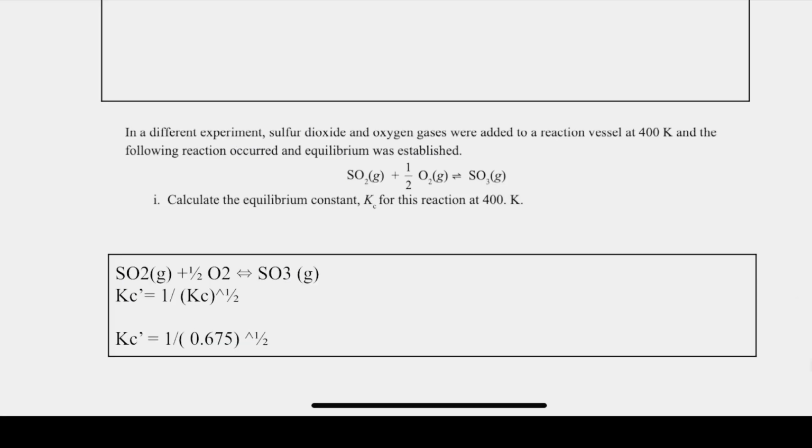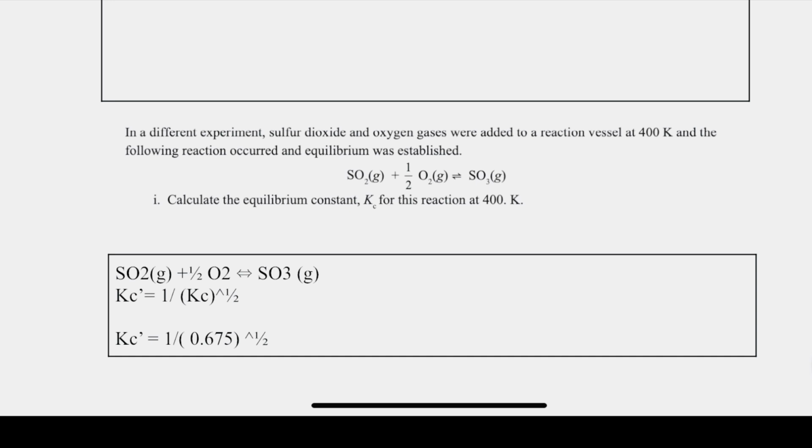So for the final part, and some would say the most fun, some not being me, in different experiments, sulfur dioxide and oxygen gas were added to the reaction vessel at 400 K, and the following reaction occurred and equilibrium was established.